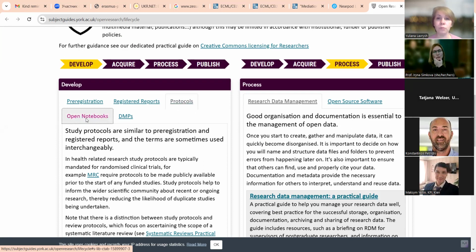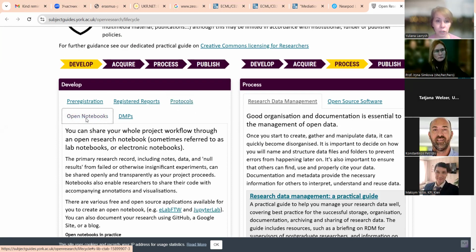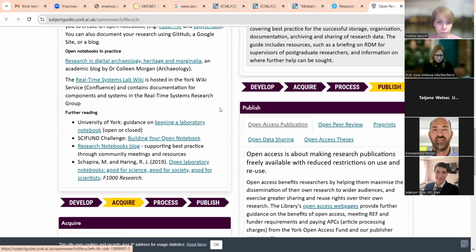Or open notebooks, where you share your whole project or maybe parts of your project, like a notebook where you have some ideas, but it is open and everyone can just read it and maybe suggest something. And you can read someone's open notebook and find their idea if you, for example, are stuck with something. So this is the stage of development.